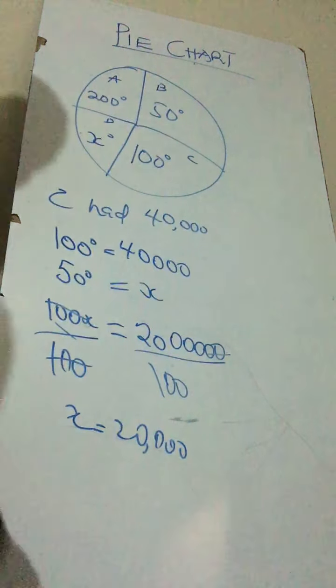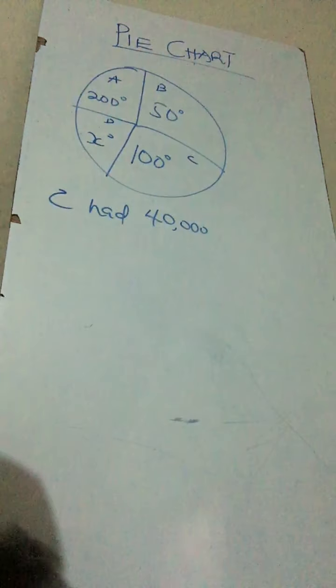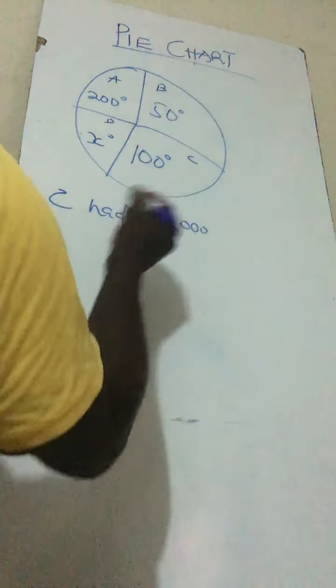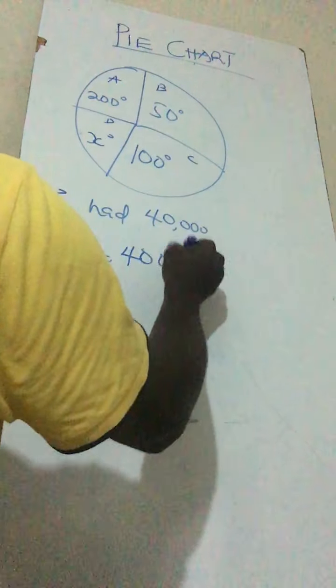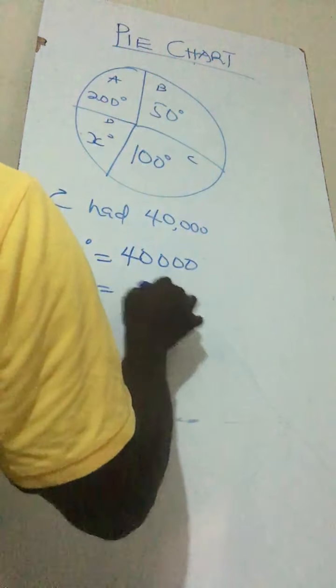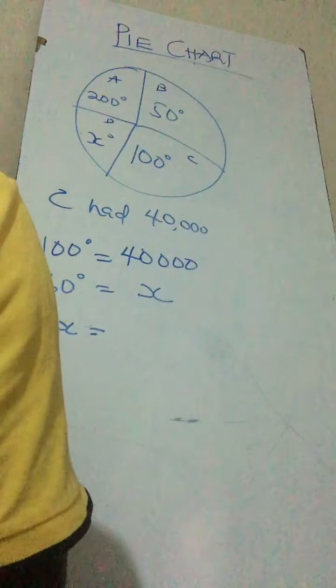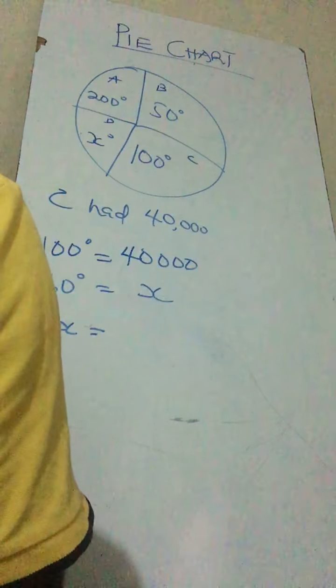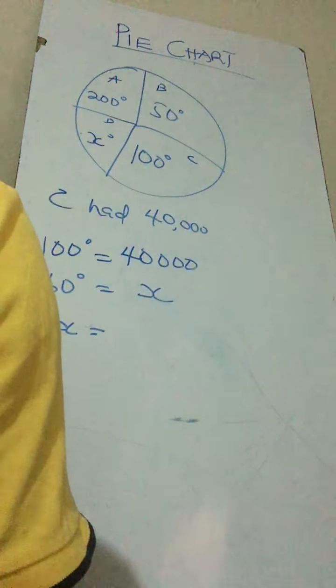So what if they asked you to find the total money that was shared? We just use the same thing. If 100 degrees equals 40,000, then the total money, which is 360 degrees, that's the whole thing, is equal to what? So you do cross multiplication: 100x is equal to 360 times 40,000.